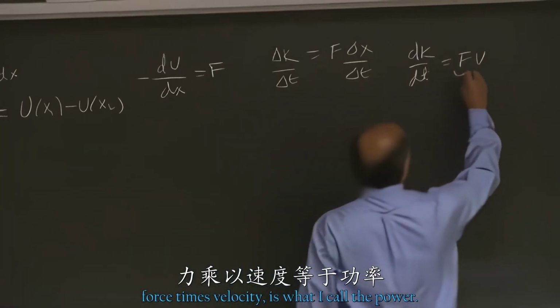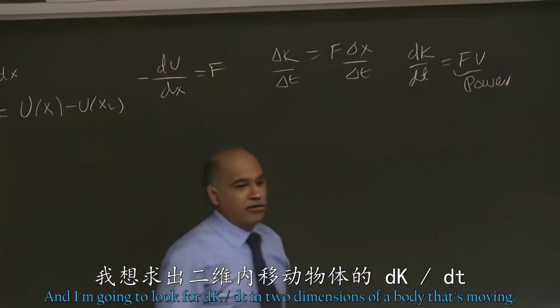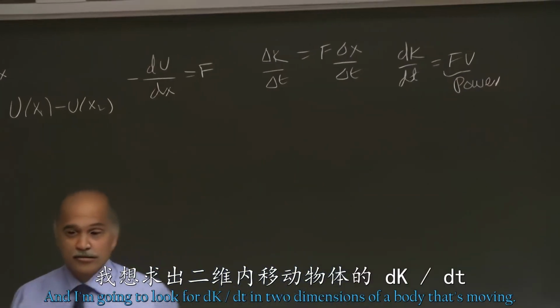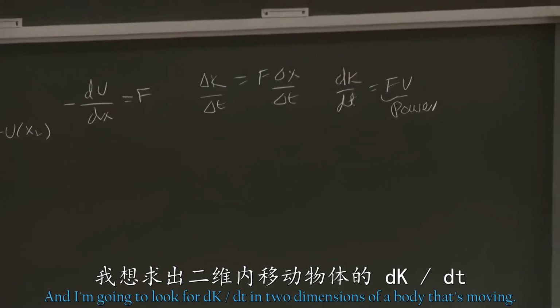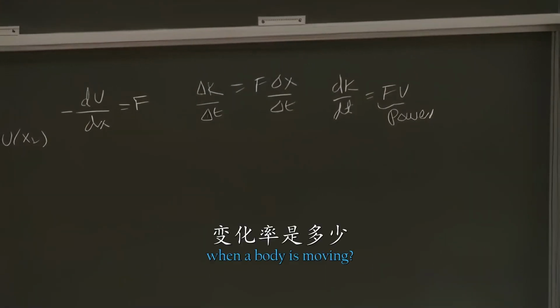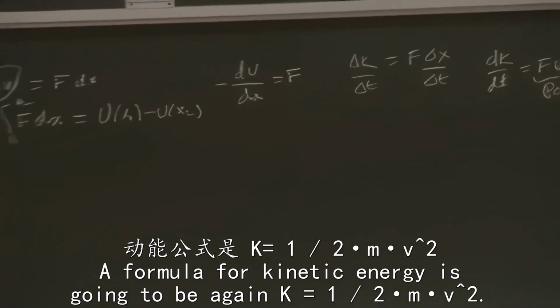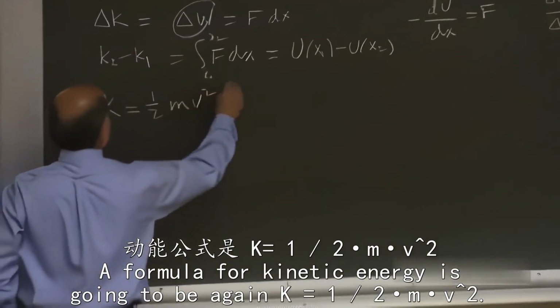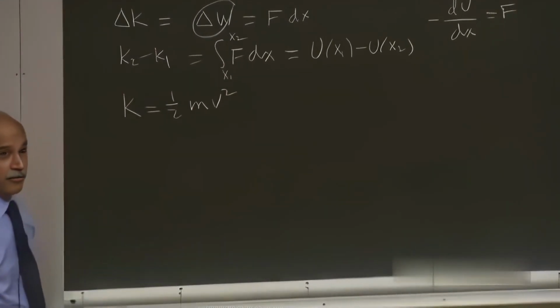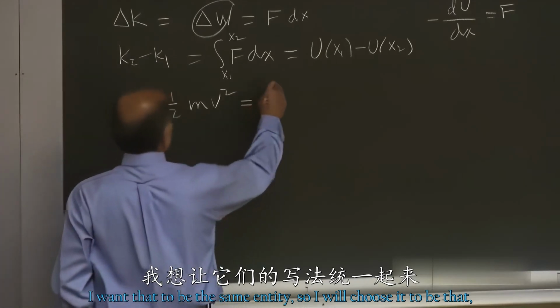Force times velocity is what I call the power. I'm going to look for dK dt in 2 dimensions of a body that's moving. What's the rate at which kinetic energy is changing when a body is moving? For that, I need a formula for kinetic energy. Formula for kinetic energy is going to be, again, 1/2 mv squared. I want that to be the same entity, so I will choose it to be that.